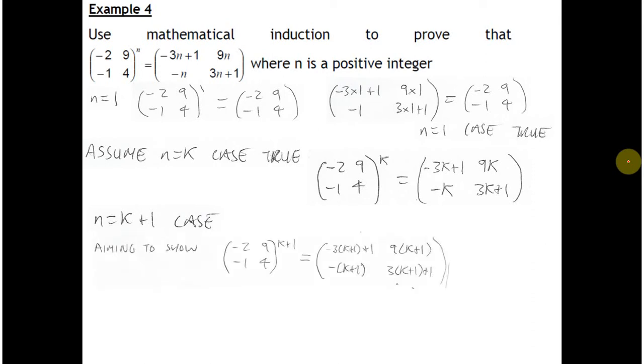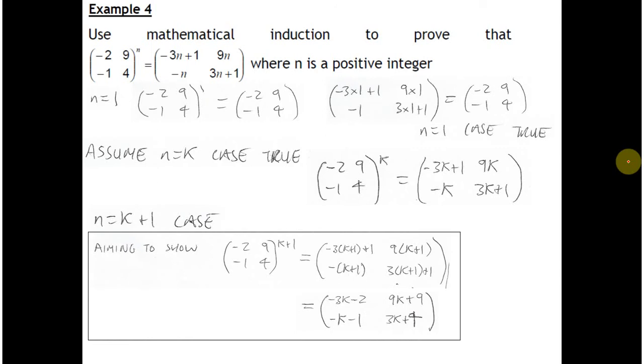We're aiming to show that (-2, 9; -1, 4) to the k + 1 equals (-3(k+1)+1, 9(k+1); -(k+1), 3(k+1)+1). Multiplying all those expressions out, the matrix becomes (-3k-2, 9k+9; -k-1, 3k+4). And that's what we're aiming to show.